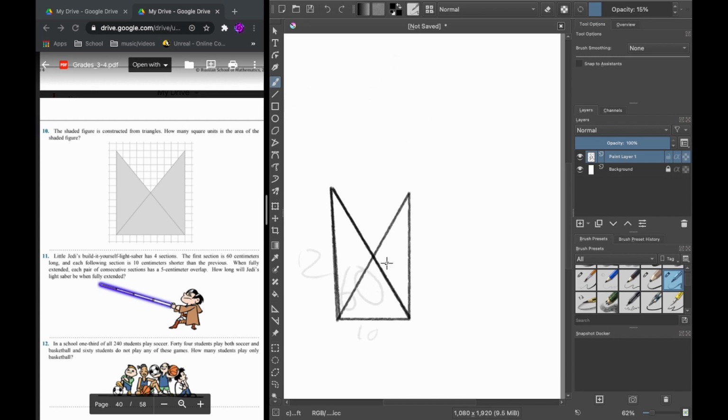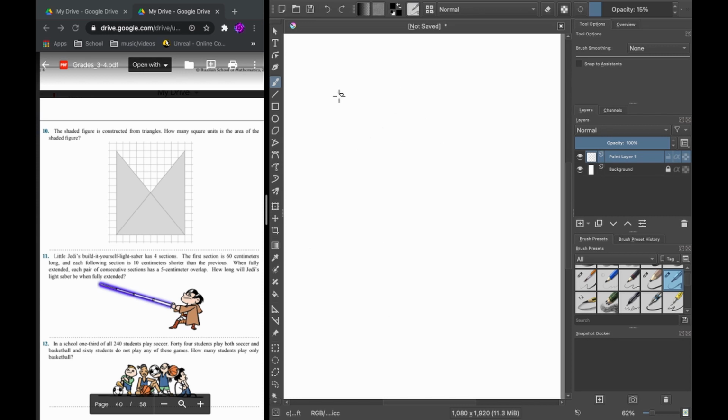So the area is 60 plus 60 divided by 2, which is 30. So 60 plus 30, which is 90. So your answer for this problem, number 10, is 90.